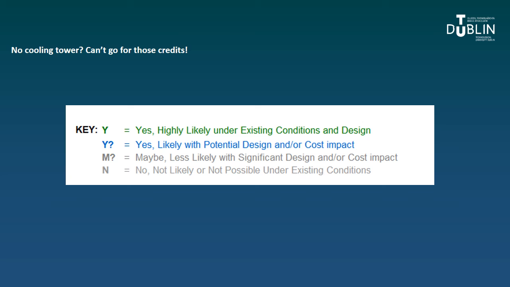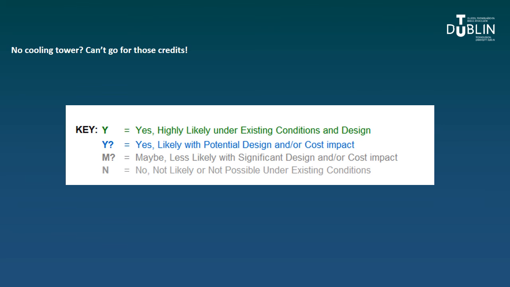It's just worth pointing out, and this is again just to note this difference between what's a prerequisite credit and what's just one under that particular category. So we might be thinking, well, what if my building doesn't have a cooling tower? You just can't go for those credits or get points under that. So it's not that you have to do those things under that credit category under the water category.